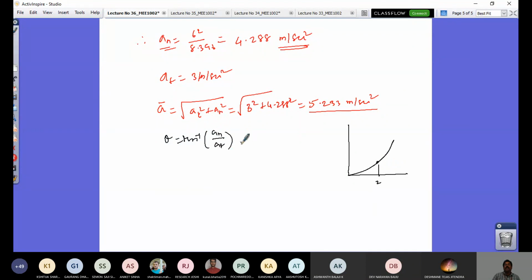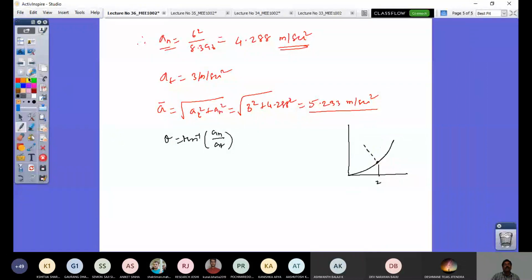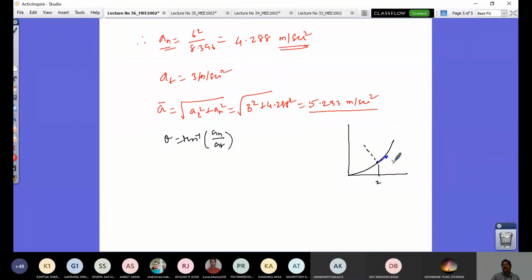What is this theta corresponding to that? It's not this slope. I have my normal here, and this is my AT, and this is my AN, and I compose this. When I compose, I get my total acceleration A.